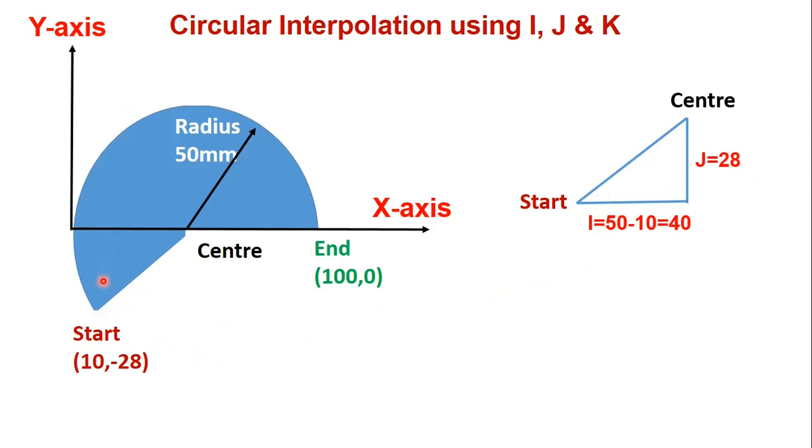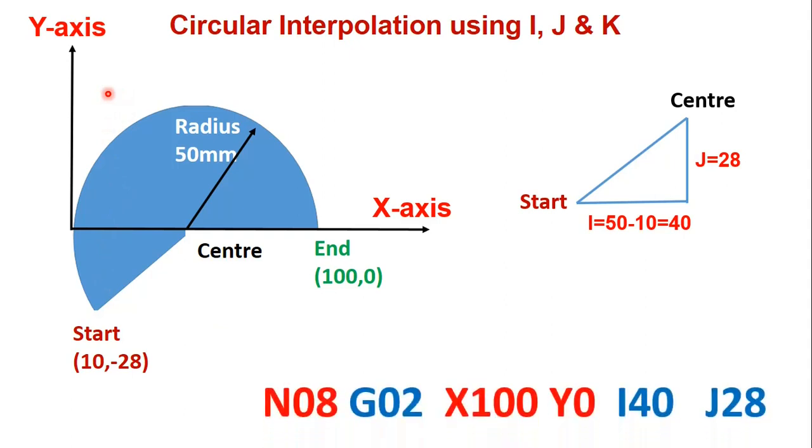Because it is going in the direction of the positive side of the Y axis. So you can see here: N08 G02 clockwise, end point coordinates X100 Y10, I this distance, that is 40, J this distance, that is 28.